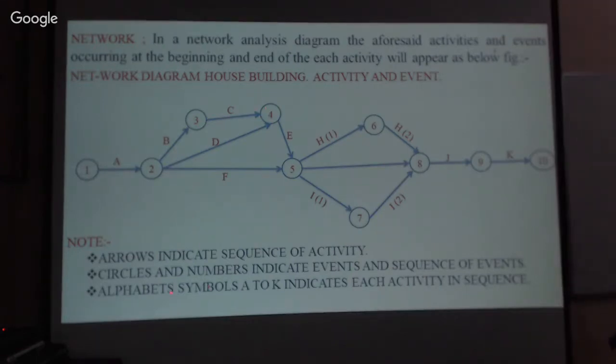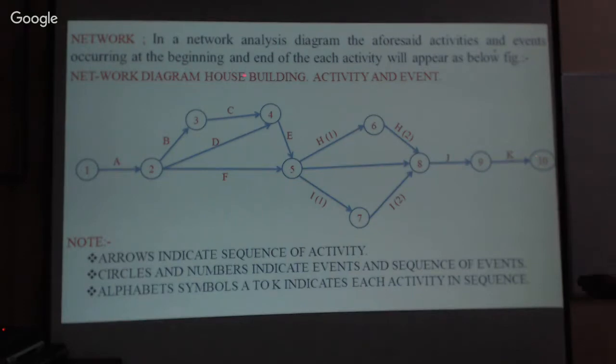And alphabet symbols A to K indicate each activity in sequence. This is the order, which comes first and which comes next. That is the order, in sequence, one after the other. Got it? Now this is the output.